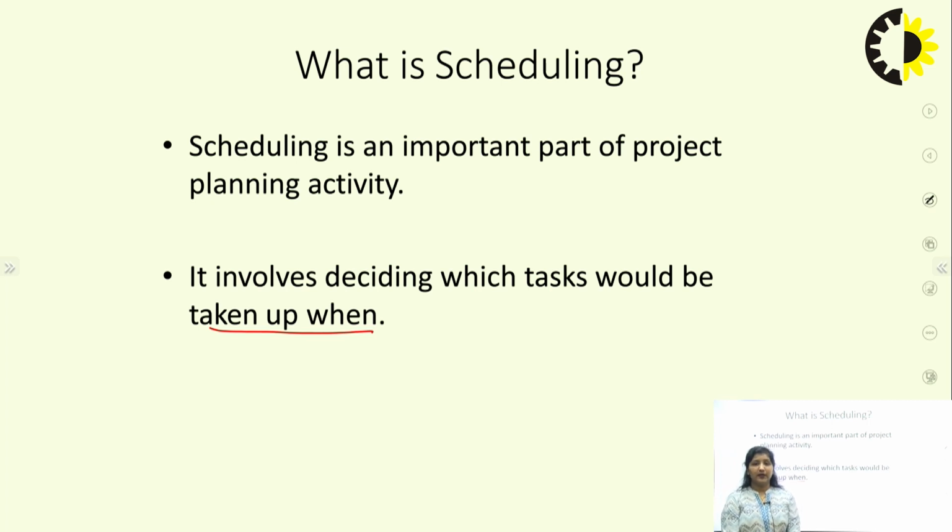If I am developing a project and I have identified that there are 5 types of activities in the project, my next challenge will be which activity needs to be started before any other activity. What are the activities that I can start simultaneously? Whether the simultaneous starting of any activity will affect the other activity, and what are the risks associated with it. So for that, scheduling is an important activity.